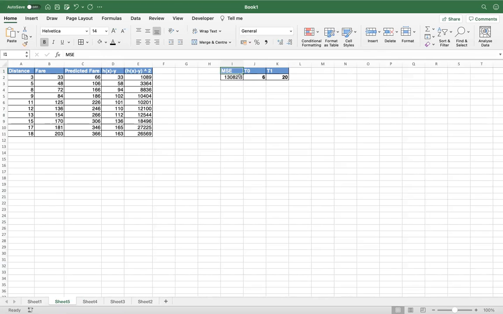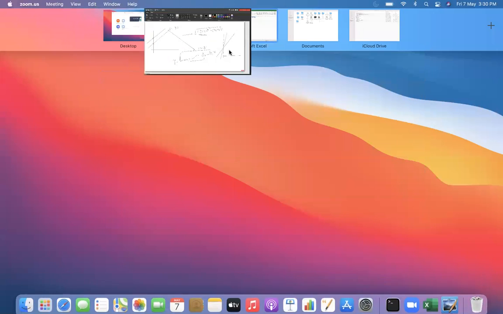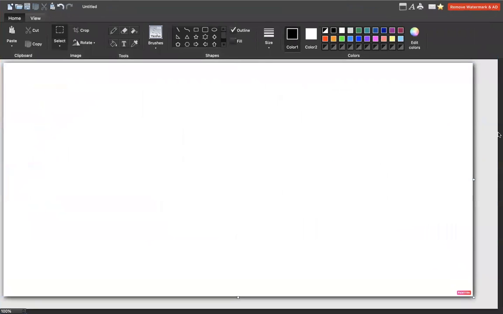Okay. But now tell me, can I mathematically write the formula for mean squared error? Let us see what it is. So if I take my mean squared error, we represent mean squared error by a symbol called J. Okay. So first we calculate error, which is h of x minus y, right? Then we are squaring it. Agreed?